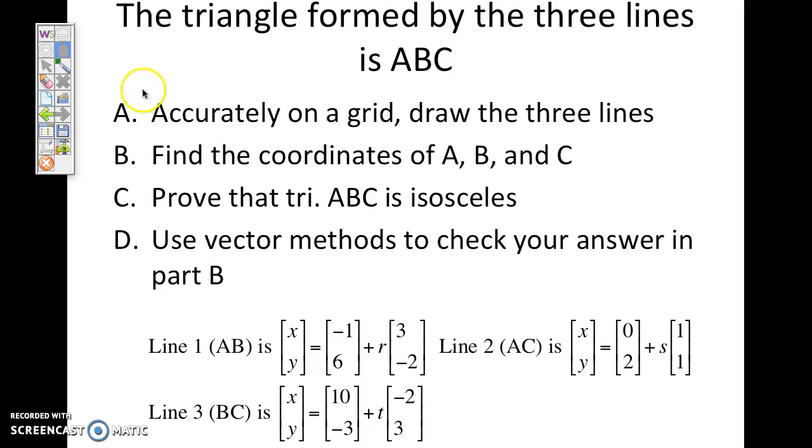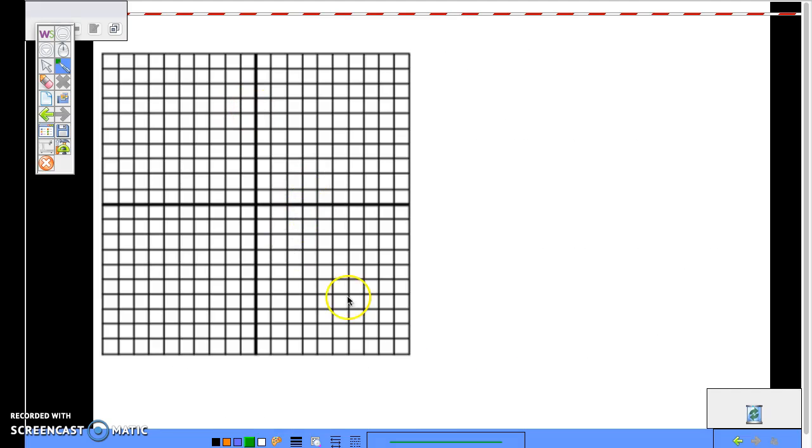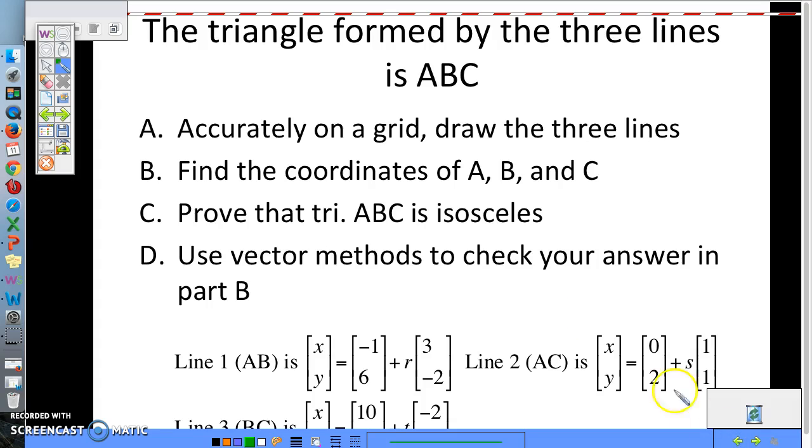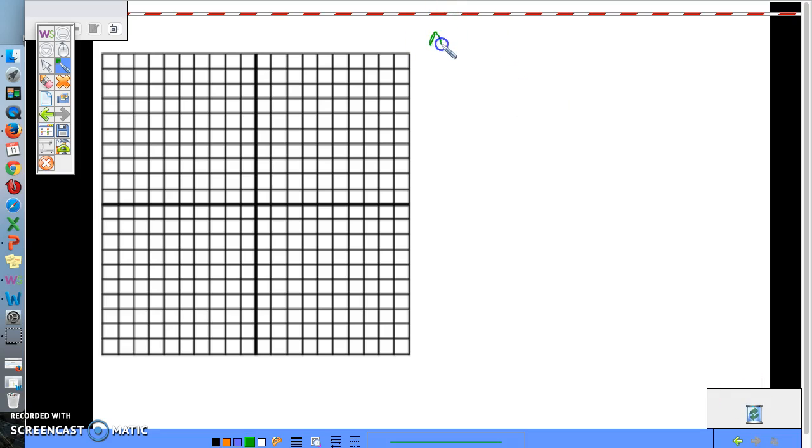So the next thing we're going to take a look at is this triangle here, and we're asked to graph it, find coordinates A, B, and C, and prove that it's isosceles. We're going to use vectors to check these coordinates. So our first line, line AB.